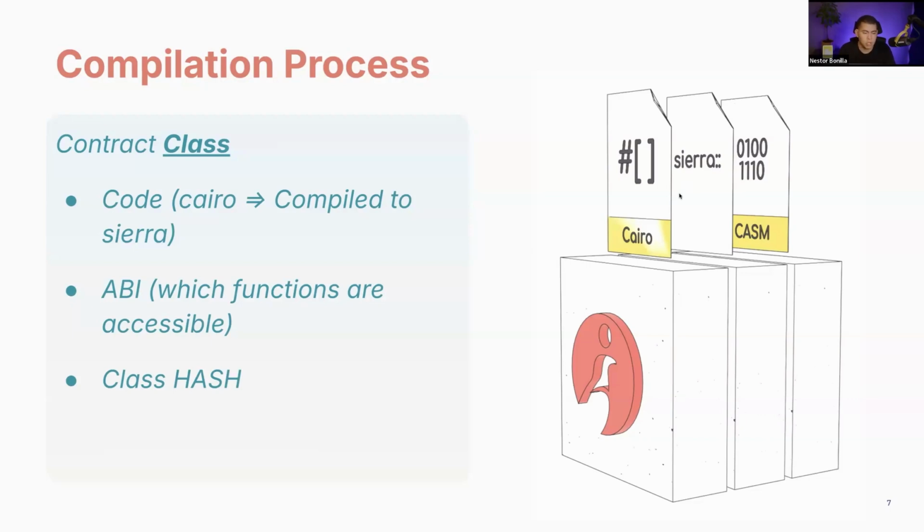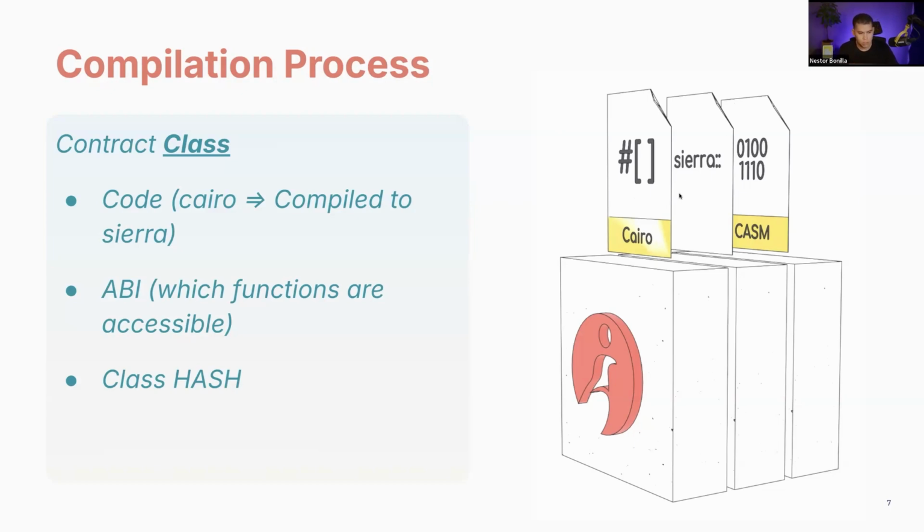If you remember, when you create a smart contract with Cairo and do the compilation, you have three elements in the classes in your project. You will have one file called class, and in that one, you will have three sections: the code, the class hash, and the ABI.